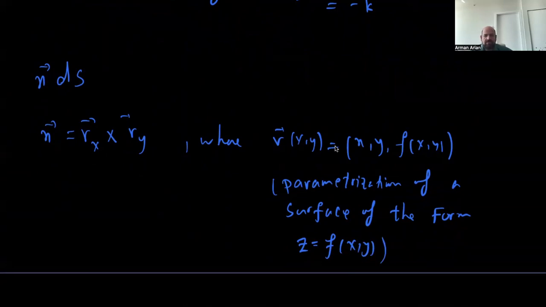If our surface is of the form z equals f of x and y, we can parameterize the surface as x, y, and f of x and y.